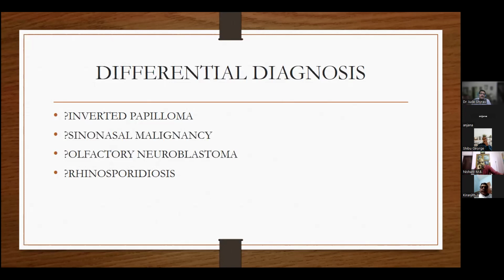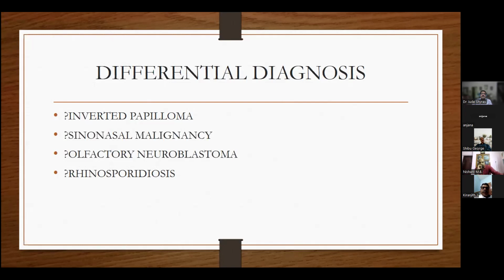And again, what is the other point in favor of esthesioneuroblastoma? The bimodal age distribution. Anything else? What about the site of origin? Arising from the roof of the nasal cavity.